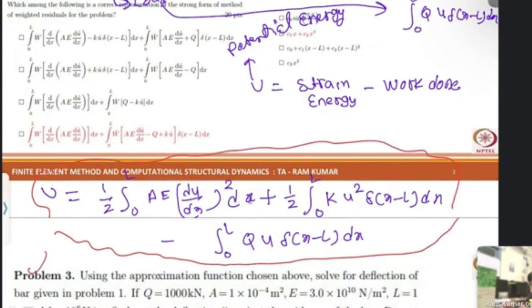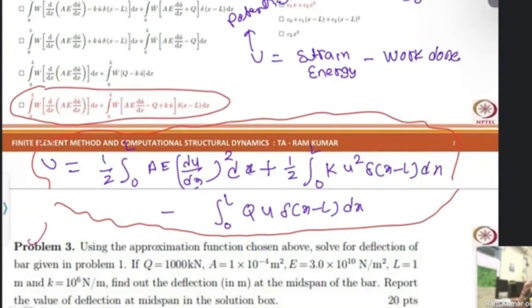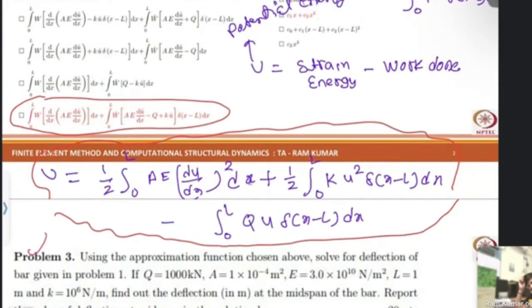To get this answer. Now, like we have to find this one. How you are going to solve? Now, if you go through the video, you will understand how we are going to solve that. We have to put that total potential energy, this one, equal to 0. So what we have to do?